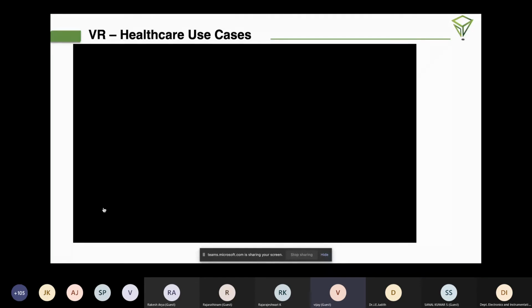That means a lot fewer errors during surgery, and you sort of democratize the whole surgery profession. Even a doctor with one year of experience can, with the technology, be as good as a more experienced surgeon. So that's the power of tools, and we are not there yet. There are still a lot of pitfalls and issues, but that's where the use of AR/VR technology in healthcare is heading.